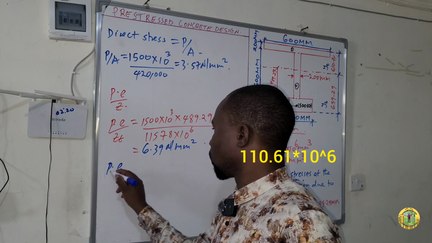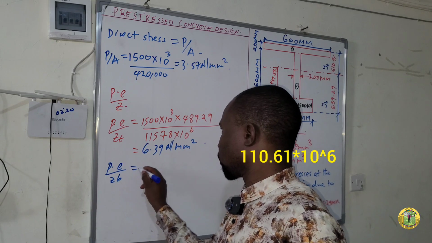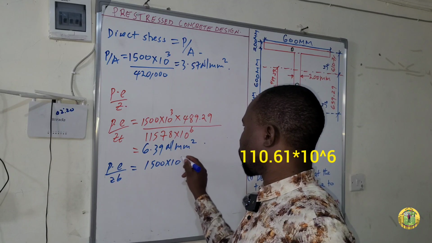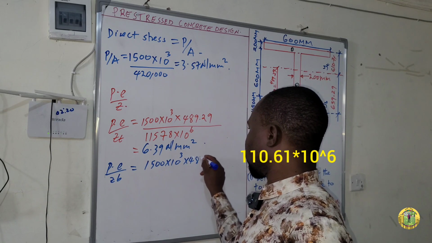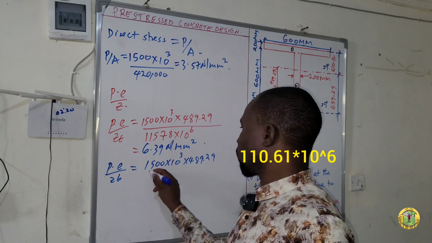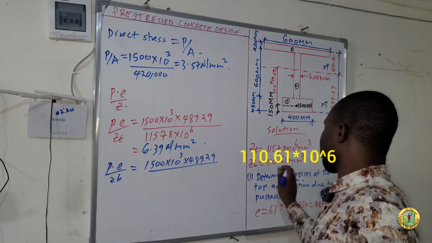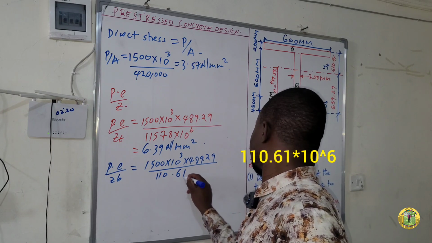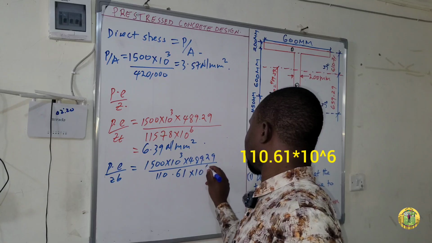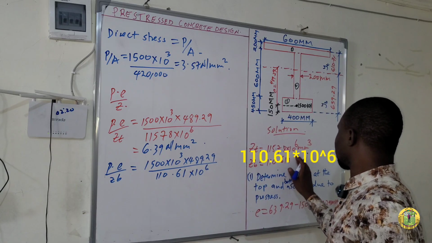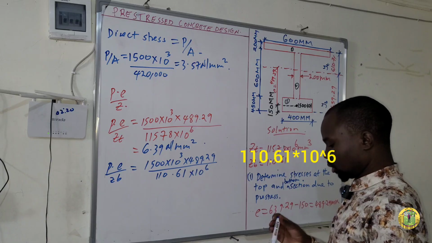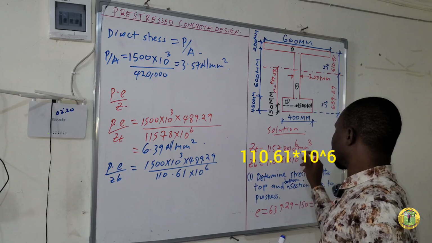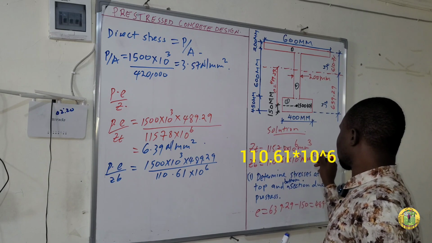And then we proceed to PE over Z bottom. This one will be 1500 times 10 to the power of 3 times 489.29 all over Z bottom, which is 110.61 times 10 to the power of 6.